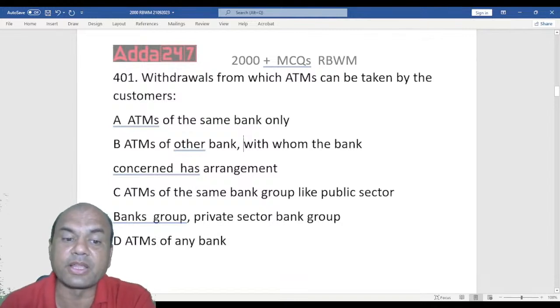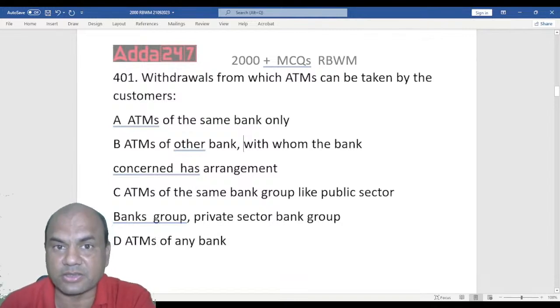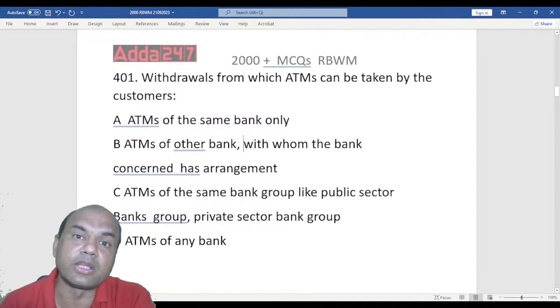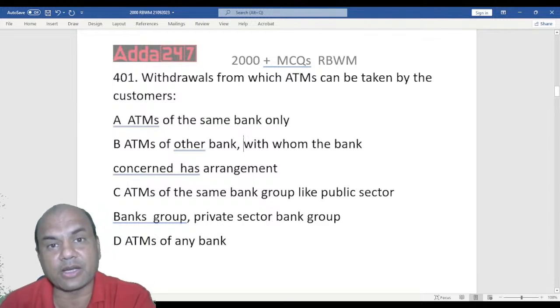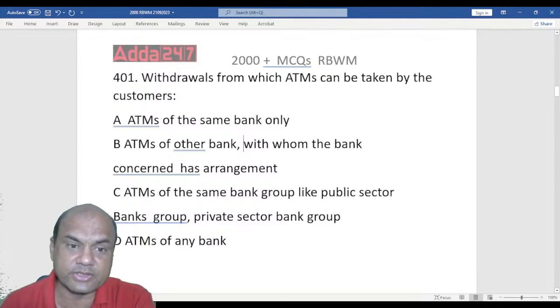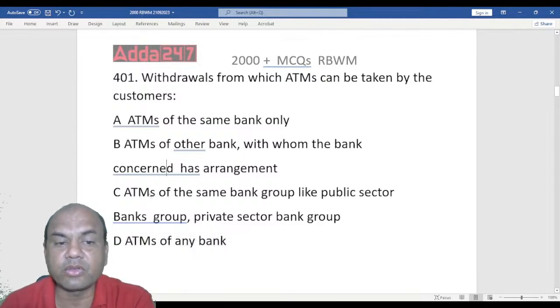Suppose it is a public sector bank, SBI, so all public sector banks only, and private sector banks not allowed? Or ATMs of any bank. What is the right answer?